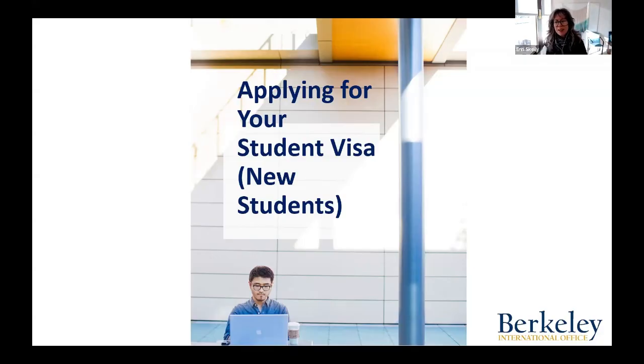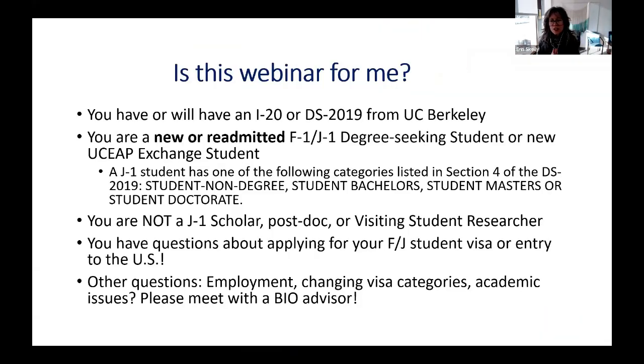So I'm just going to jump right in and get into some important information. Just to check in first, the first thing we always want to check is making sure that if you're watching this, you are in the right place. So is this for me? Berkeley International Office serves a lot of different international folks, and we have different workshops and webinars.